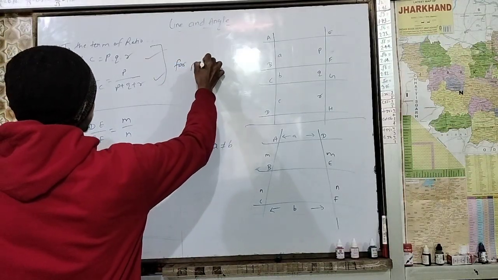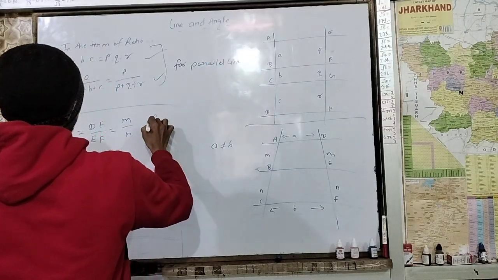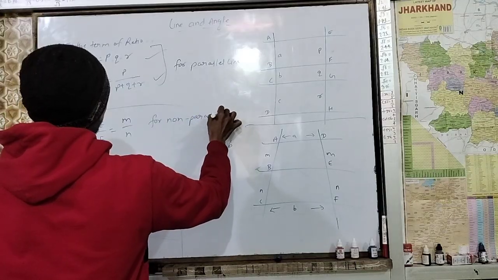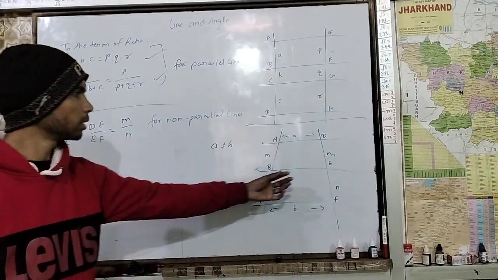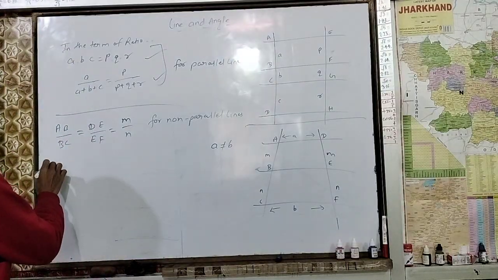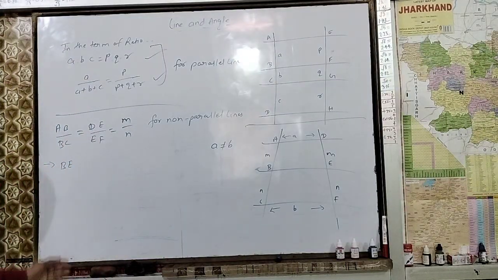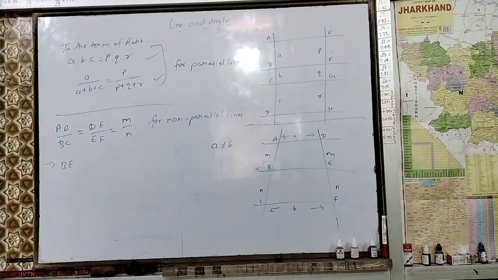That was for parallel lines, and this is for non-parallel lines. Clear? How to calculate BE? To calculate BE, there is a difference.